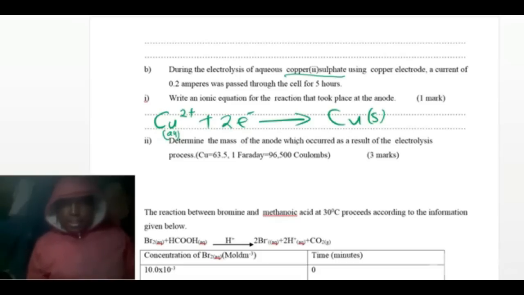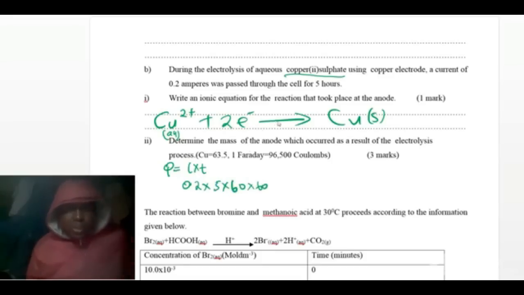Determine the mass at the anode. But we know before we go, we must get there. The quantity of electricity will be equal to I times time. I represents the current, so the current is 2 times the time, which is 5 minutes. We multiply by 60 to convert to seconds.